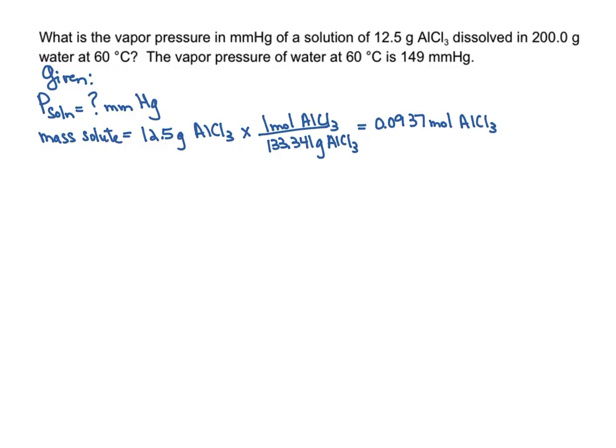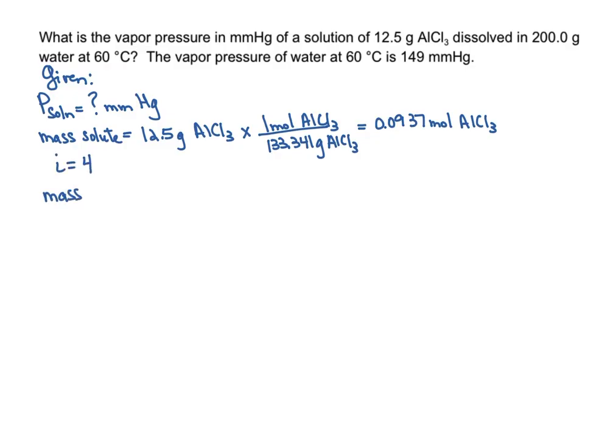And I'm going to examine my solute. My solute is an electrolyte, and this electrolyte is made up of 1 unit of Al3+ and 3 units of Cl-. So that gives me an i of 4.